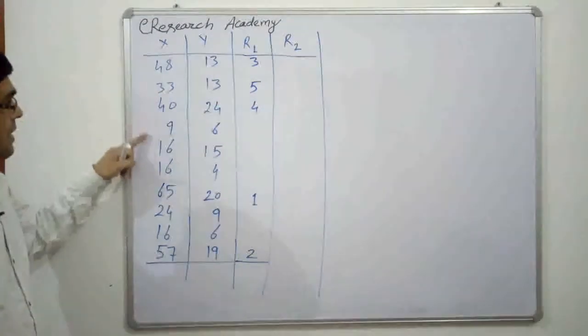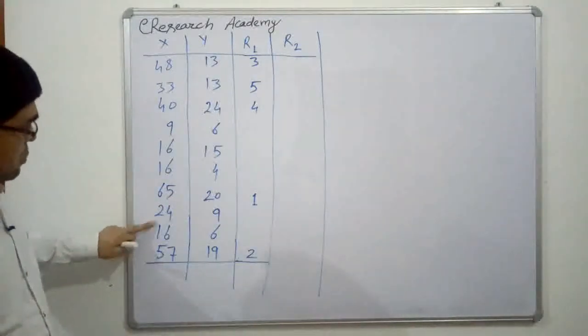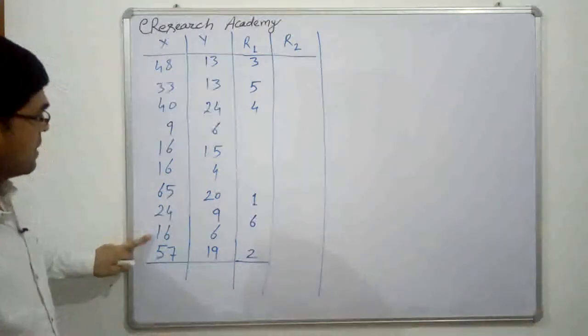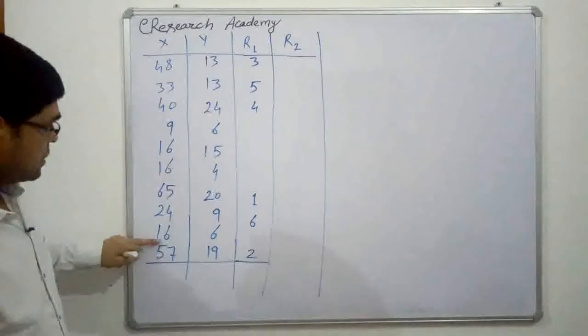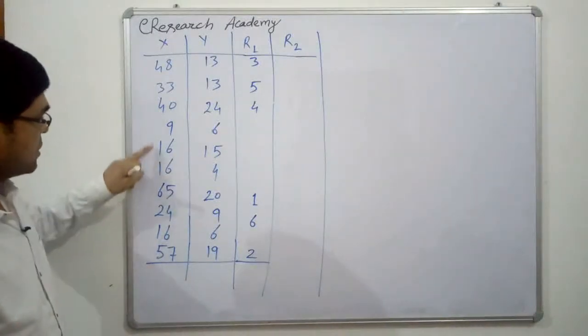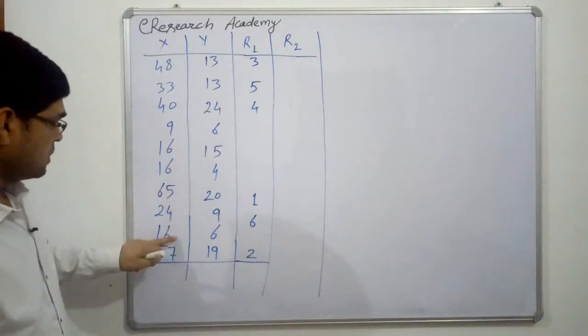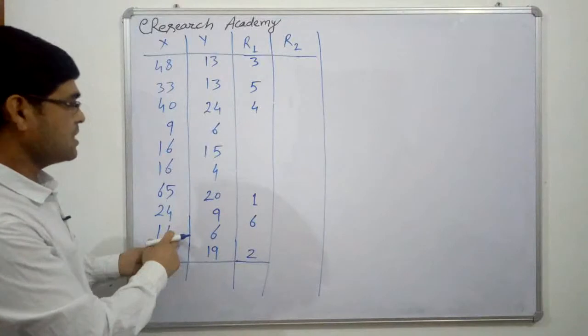Then we have 24, it is 6. After 24 we have 16, and this 16 is repeated 3 times.